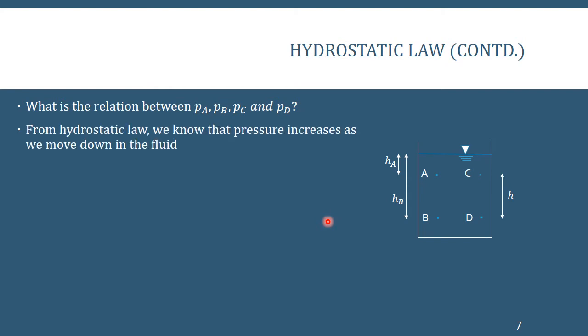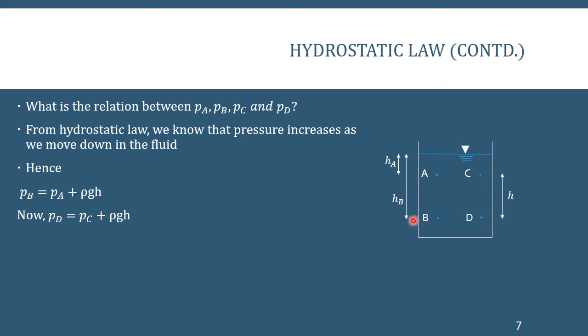If we take the relationship for hydrostatic law, we know that pressure increases as we move down in a fluid, definitely. So the pressures at B and D are going to be greater than the pressures at A and C. Hence, PB is given by PA plus rho GH, as we did in the previous slide. It differs by an amount equal to rho G times the distance between them. So PB is equal to PA plus rho GH, and PD similarly is equal to PC plus rho GH.